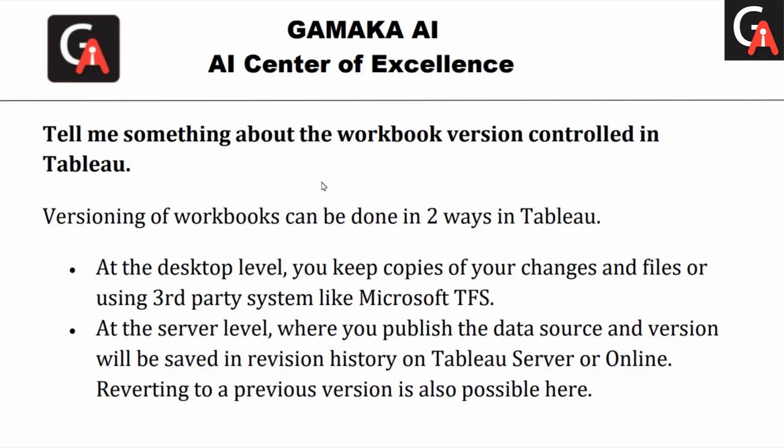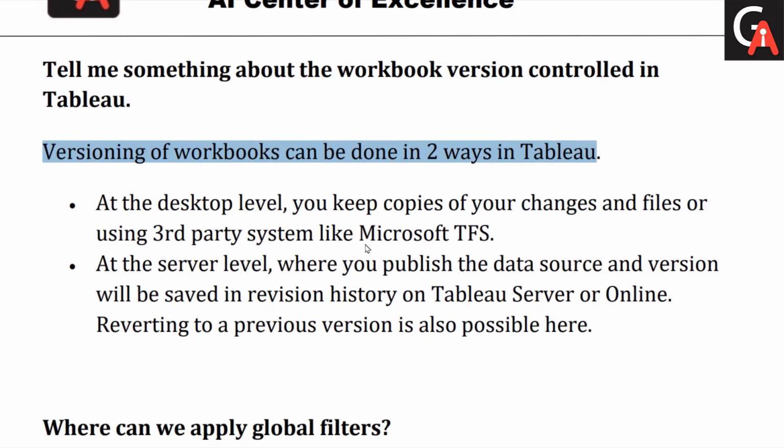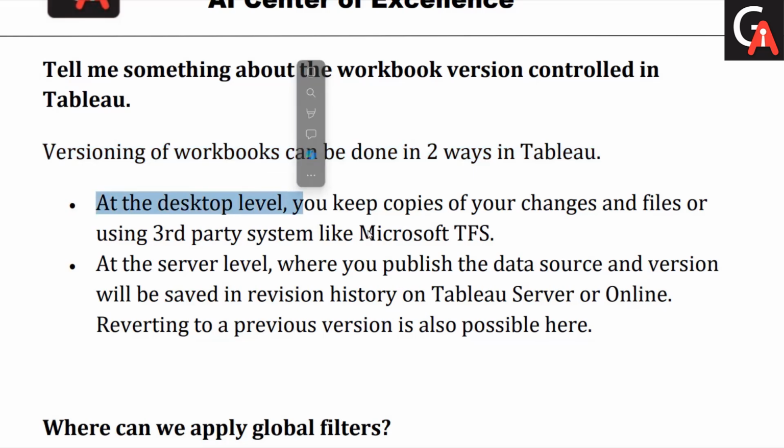Next question for the day: tell me something about workbook version control in Tableau. Versioning of workbooks can be done in two ways. The first way is at the desktop level: you can keep copies of your changes and files, or use a third-party system like Microsoft TFS.